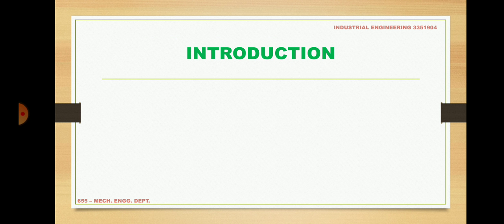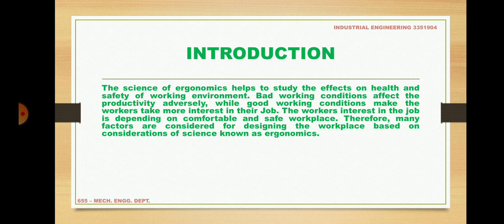So what is ergonomics? The science of ergonomics helps to study the effect on health and safety of working environment. So which type of working environment we have and what is the effect on our health and safety can be studied in ergonomics.